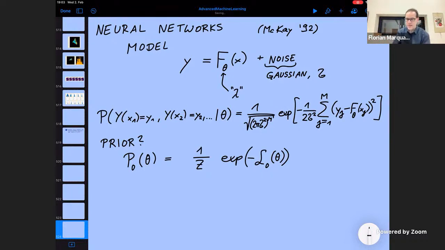And so I called this L0 because that's like a loss function. In particular, that's my regularization loss. And we have learned several possibilities there. One of them was, for example, L1 or L2 loss, so we would have the L1 or L2 norm of these theta parameters. That's how the regularization comes in and how we would define the prior.